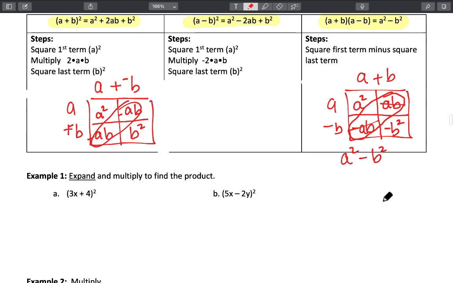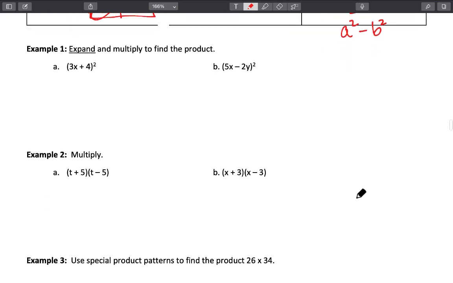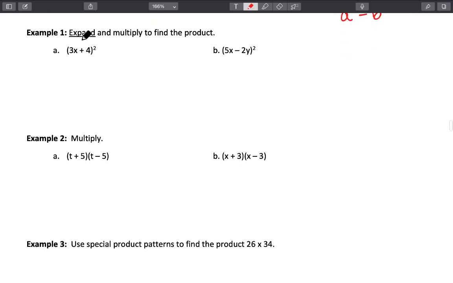Those are the three patterns we're looking at, so let's jump into our examples. Example 1 says to expand and multiply to find the product. We have 3x plus 4 times 3x plus 4. That's what it means to expand: you multiply that binomial, 3x plus 4, times 3x plus 4.